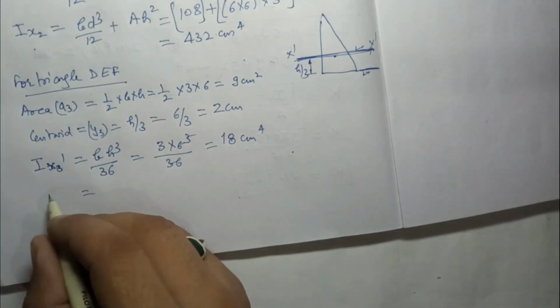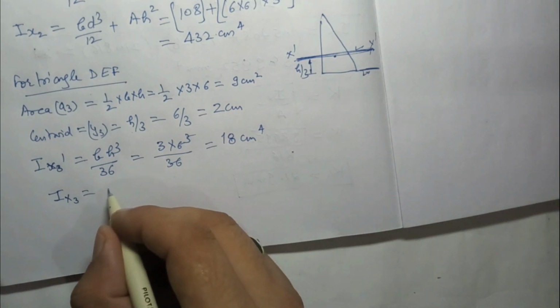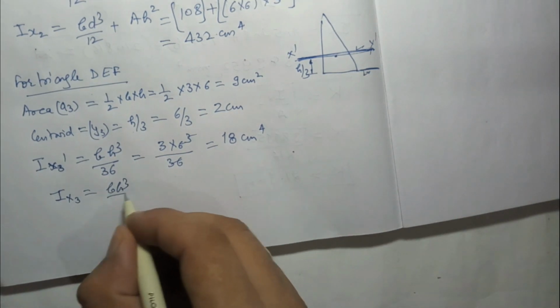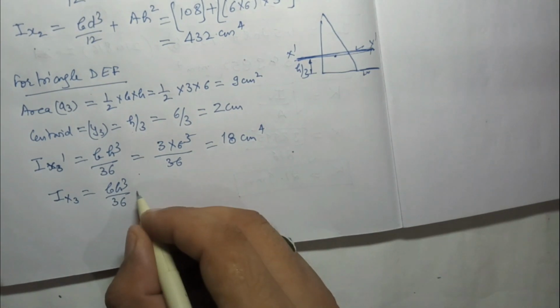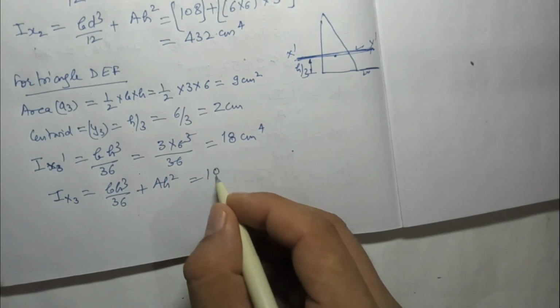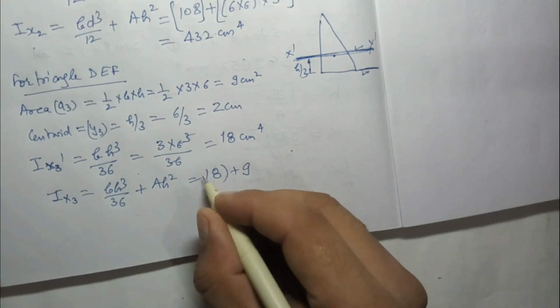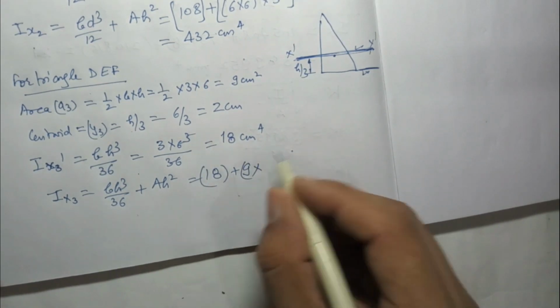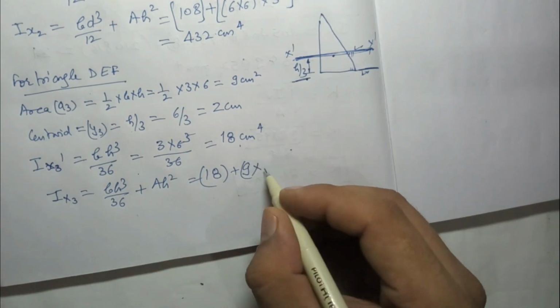This is about the x-axis only, that is bh cube by 36, from the center of gravity axis, plus A h square. We have the direct value for that, plus the area, which we calculated as 9, into h square. H is the distance here, again h by 3, so this is 2 square.